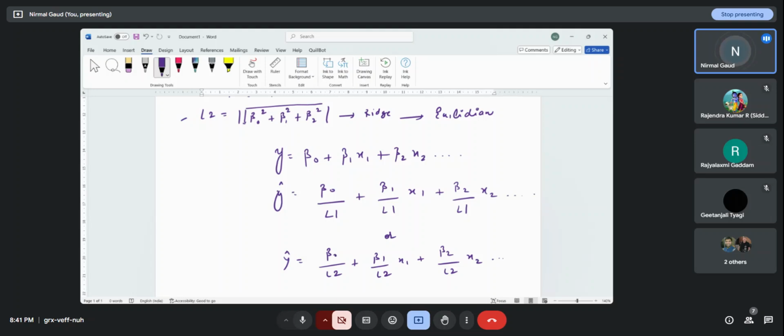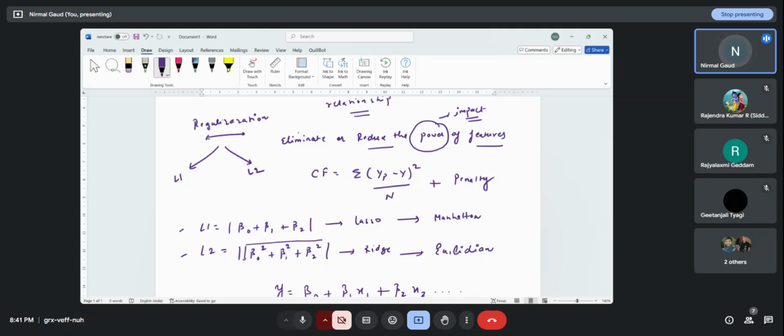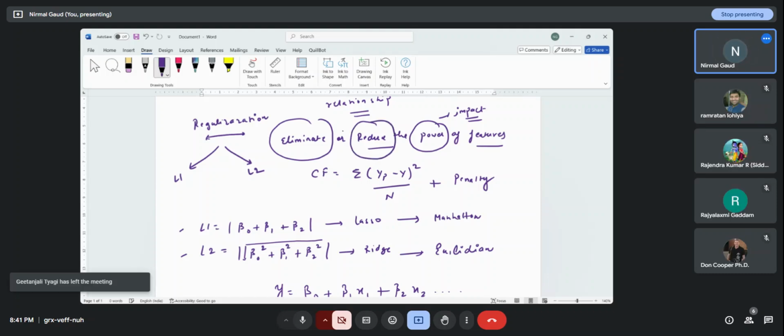So the ratio will get a minimum value. This ratio will get a minimum value, and I told already that I want to either eliminate the feature or reduce the impact of the feature. The reduction or elimination can only be done by dividing with some value.